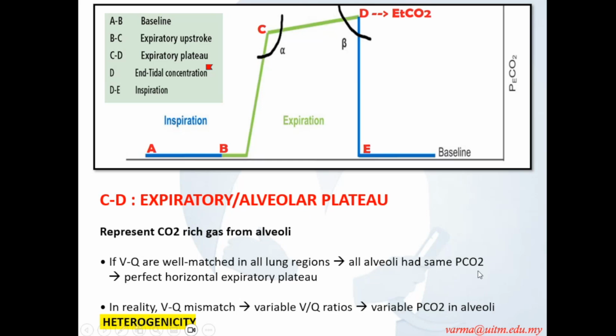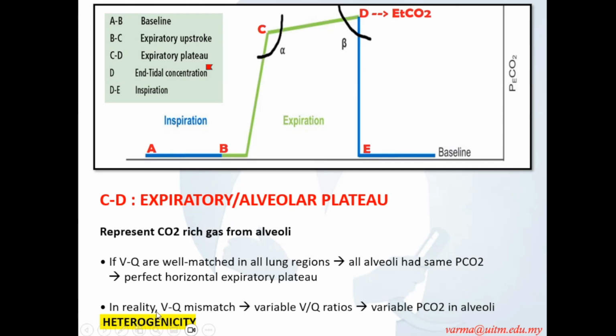The CO2-rich venous blood in the pulmonary capillaries reaches your alveoli. If all your alveoli are properly ventilated and perfused, VQ is perfect, they will all have gas exchange and a similar concentration of CO2. Thus, at the plateau, it will be a straight line, a perfect horizontal expiratory plateau.